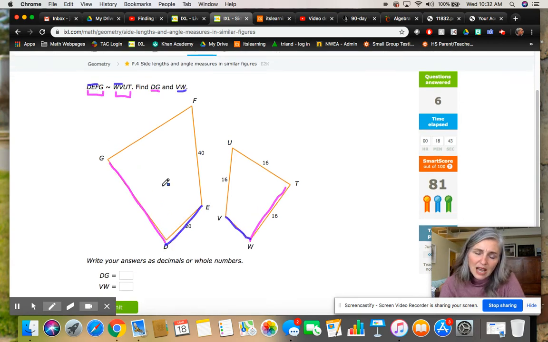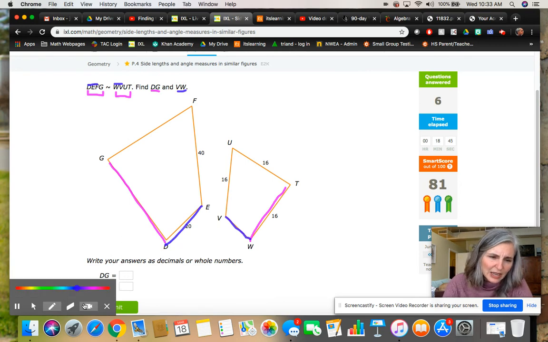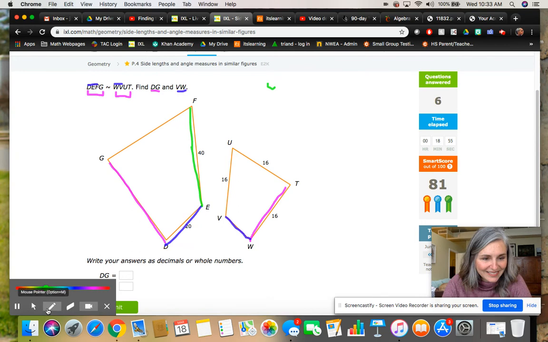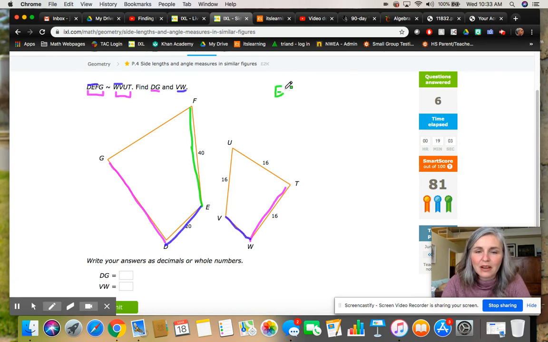So we need a side length that I can compare to get a ratio. So I need to find something to compare with EF.